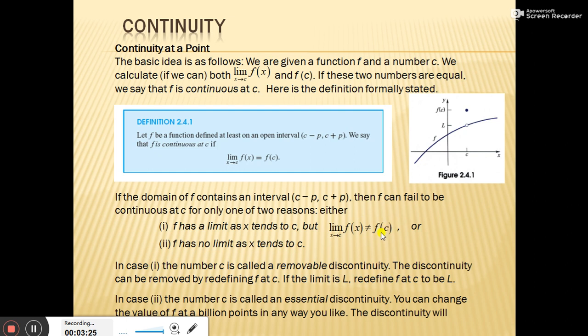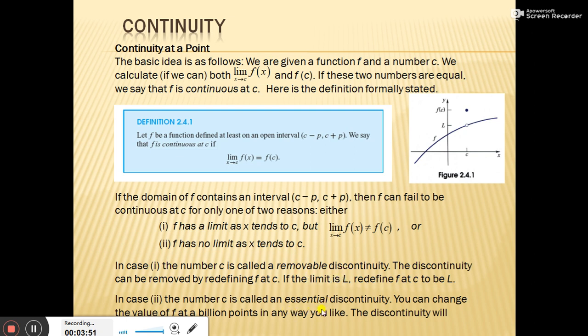That means this discontinuity can be removed by redefining the function at c. If we redefine at x equal to c, f(c) equal to L, then this type of discontinuity is known as removable discontinuity.